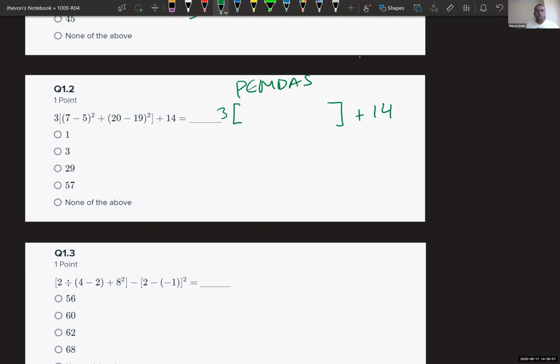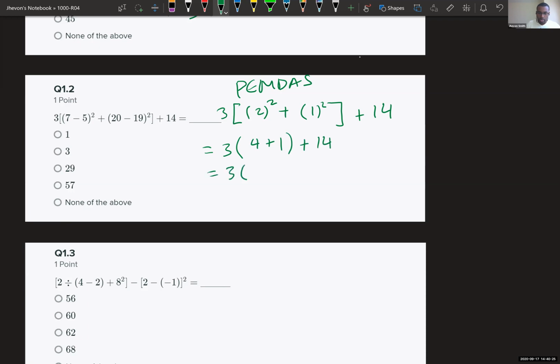So you'd actually work out what's inside those parentheses first. So the 7 minus 5 is the first thing you would do. That's 2. The 20 minus 19 you would also do, which is 1. So that's that. Now, according to PEMDAS, you stick with working out what's inside the parentheses. The next thing you're going to do is the actual exponentiation. So you're going to take 2 squared, 1 squared.